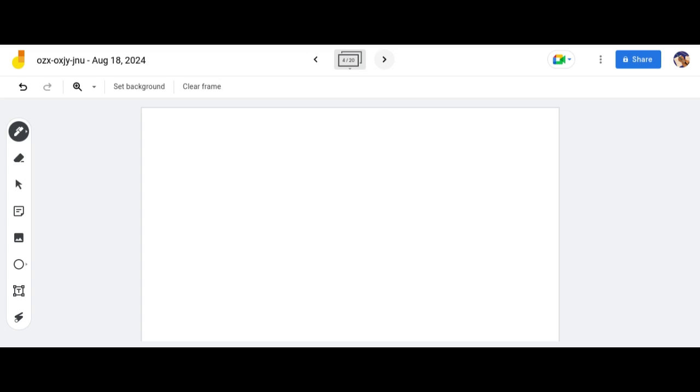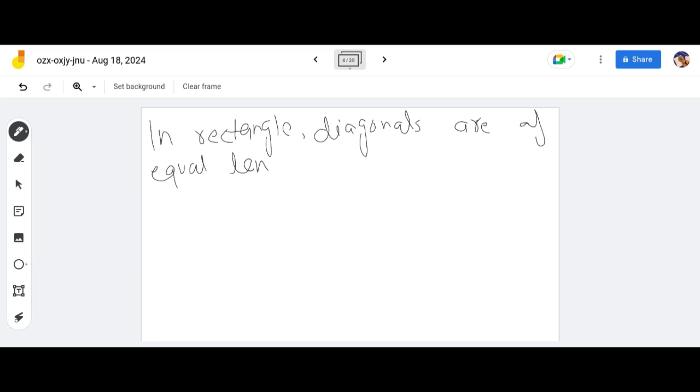In a rectangle, for the same question, diagonals are of equal length and also bisect each other.